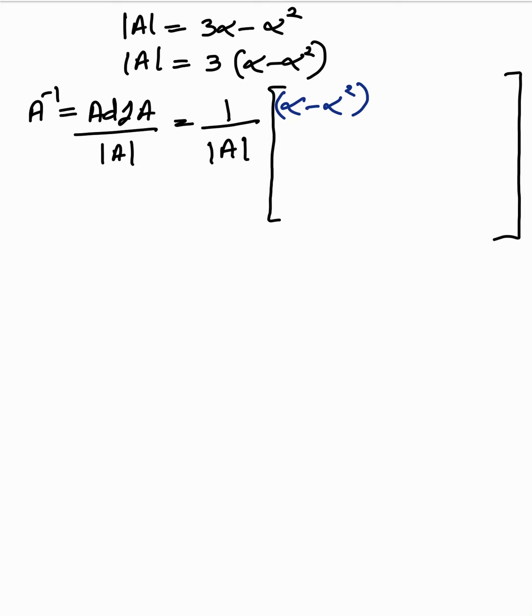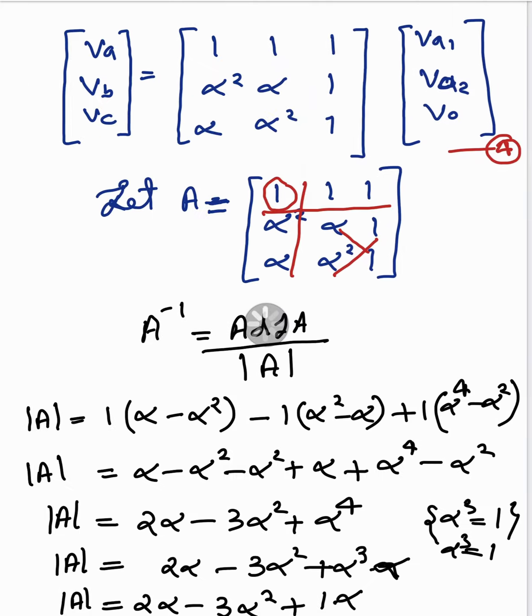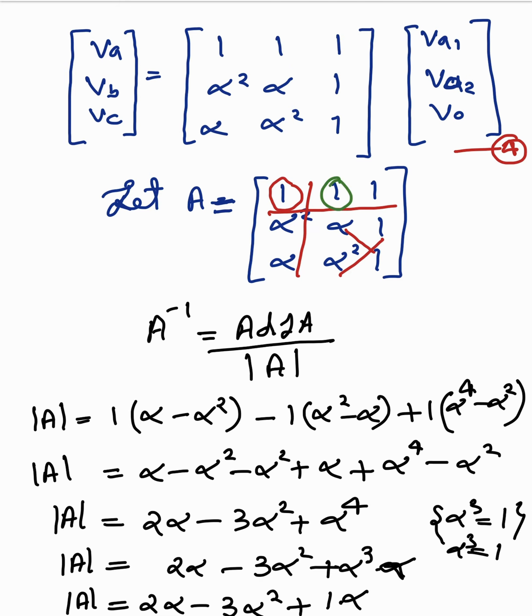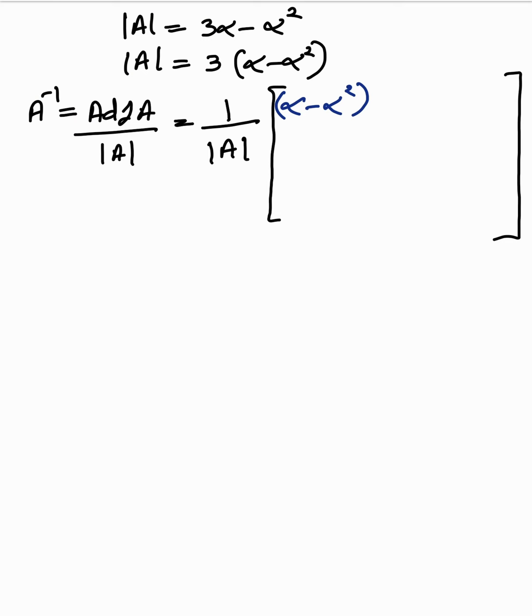Similarly, you have to calculate for this one. Remove this row and this column, then the parameter is alpha square into 1 minus alpha into 1. So the value here is alpha square minus alpha.